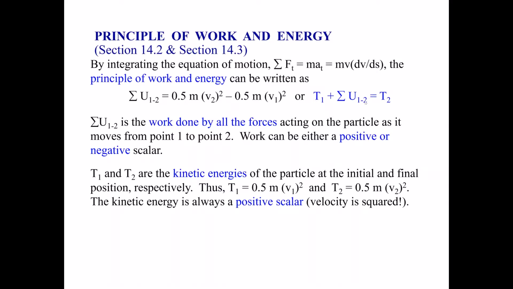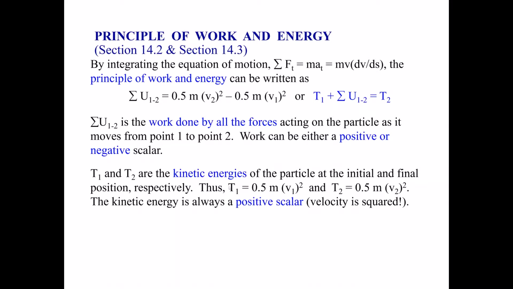And of course you can rewrite this. T1 is our initial kinetic energy, added to whatever work is done on the object, and then we have the final kinetic energy, T2. So the summation of U from 1 to 2 is basically all the work done by all the forces acting on that particle, and T1 and T2 are just the kinetic energies.